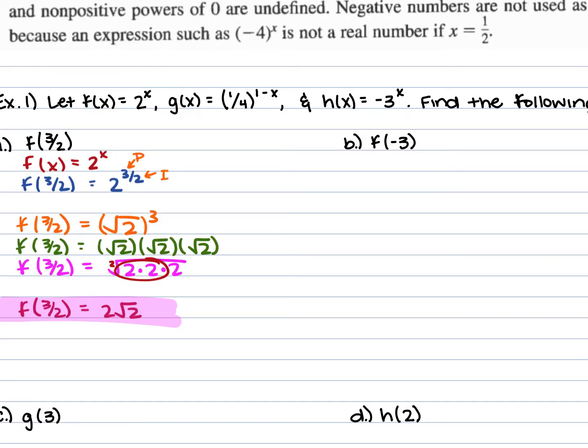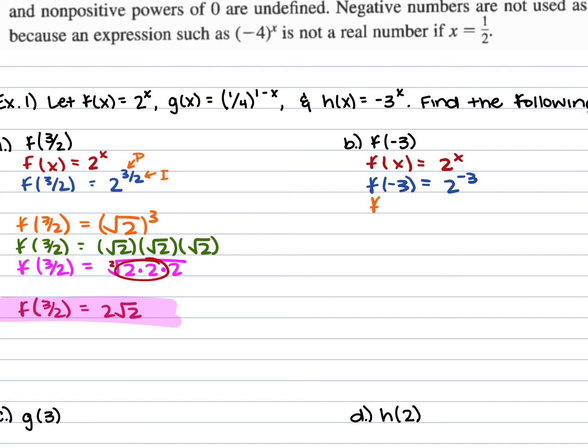For example B, we have f of negative 3. So again, we're going to use f of x is equal to 2 to the power of x. In this case, our x is going to be negative 3, so f of negative 3 is equal to 2 to the power of negative 3. In order to turn that power into a positive, take the reciprocal of the 2.